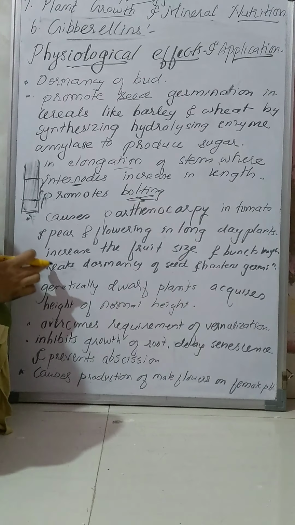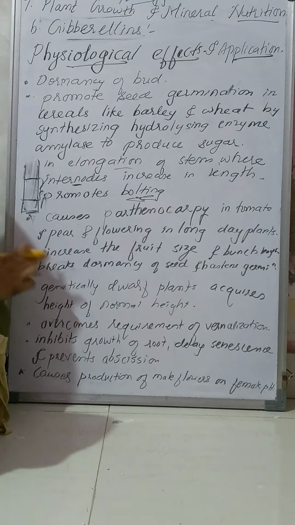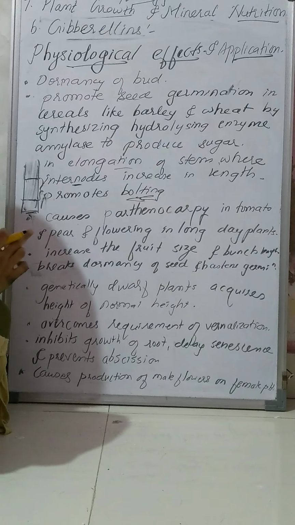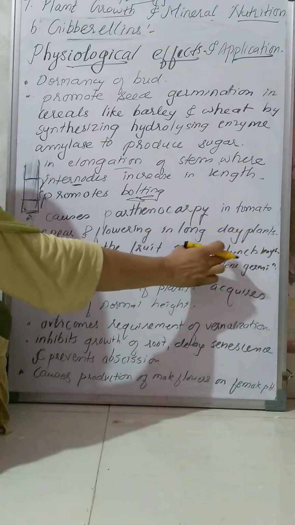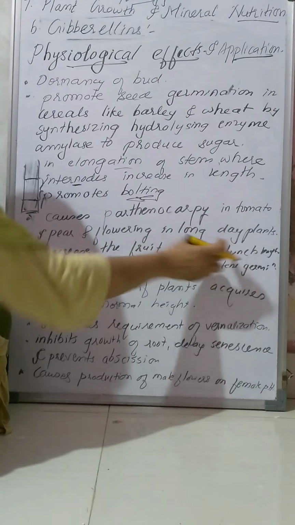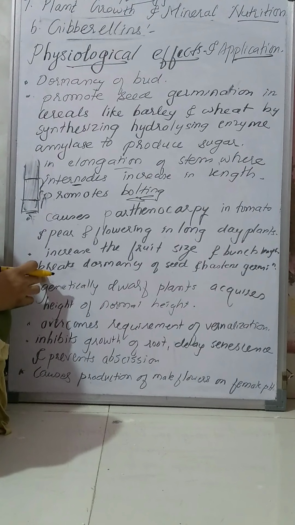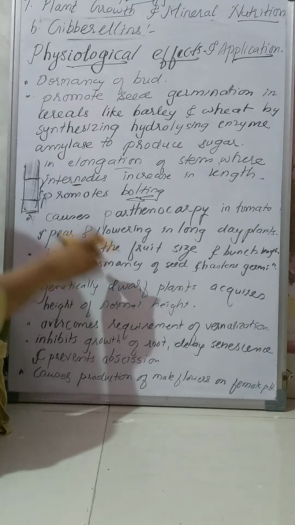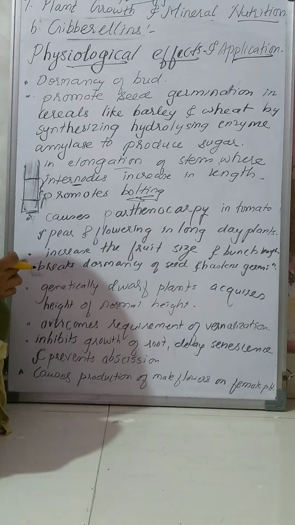Then it is used to increase the fruit size, as it helps to increase the length. It also helps to increase the size of fruit as well as the bunch length, that is in grapes. Then it also helps to break the dormancy of the seed and hastens the germination.